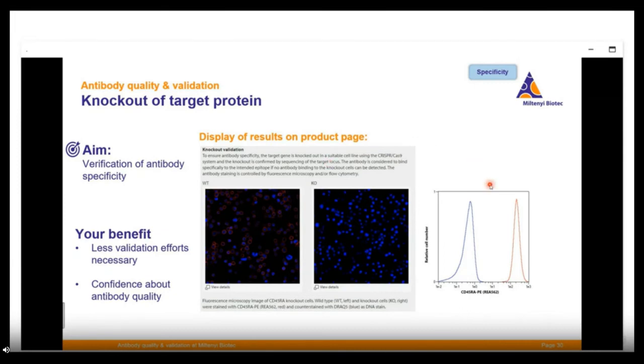We also demonstrate this kind of data using flow cytometry. The red histogram here is wild type, and the knockout is the blue. So the benefit for you here is that you need less validation. You can trust this antibody, and this also gives you confidence about the quality of the antibody.